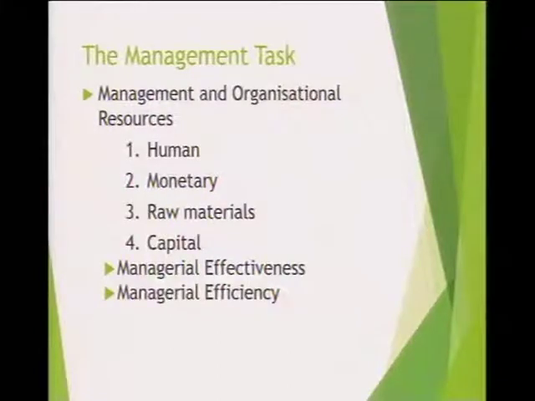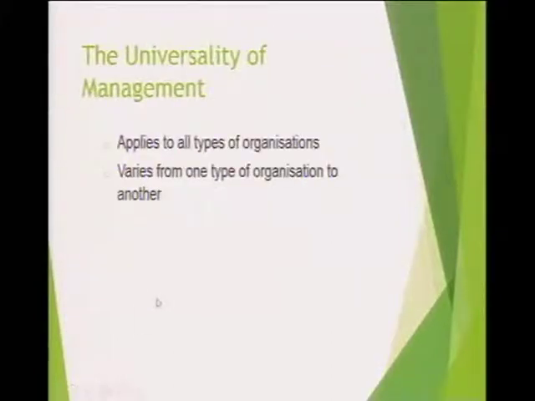And these four elements will determine the managerial effectiveness and managerial efficiency. And if these are worked on well, or they are controlled properly, an organization will be effective and efficient. And if they are left loose, the organization may be ineffective and inefficient.